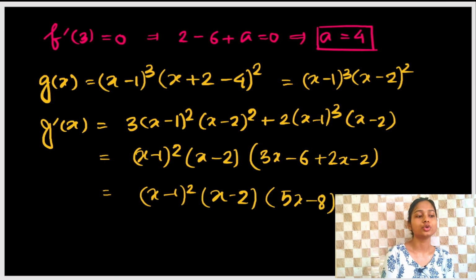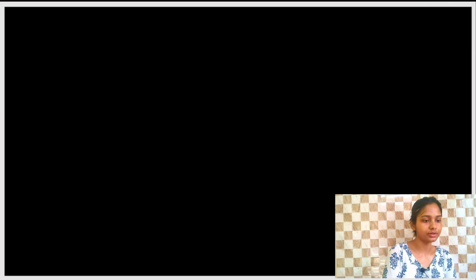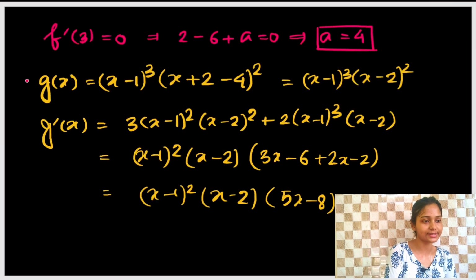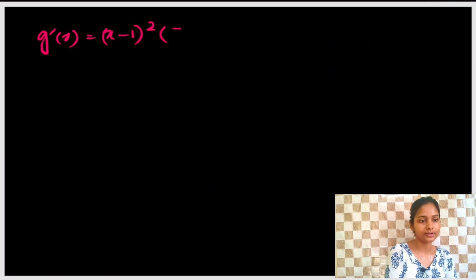Okay. So for increasing decreasing function, we need to find out the sign of this g dash function. So g dash x equals (x minus 1) whole square into (5x minus 8) into (x minus 2).